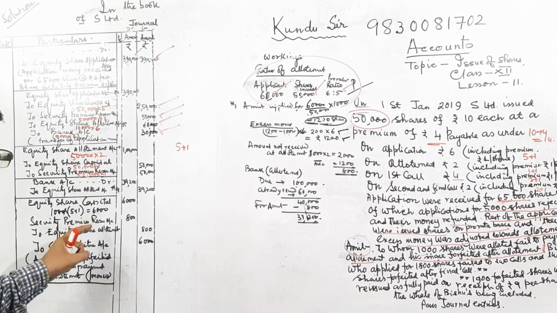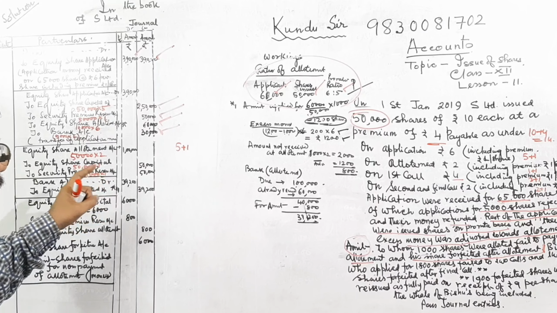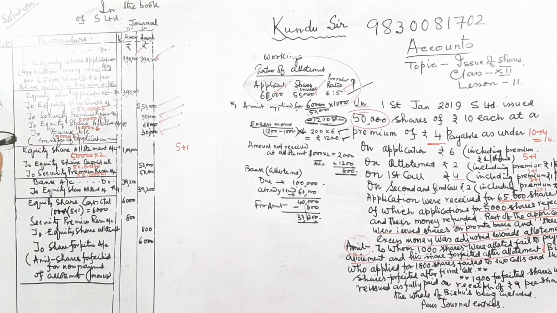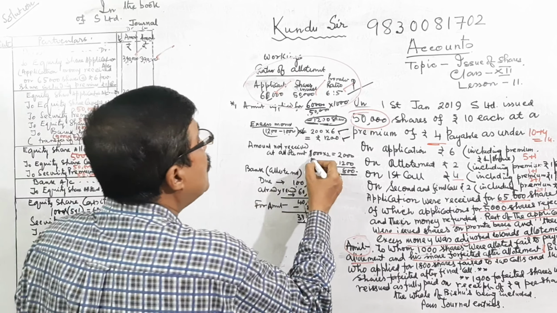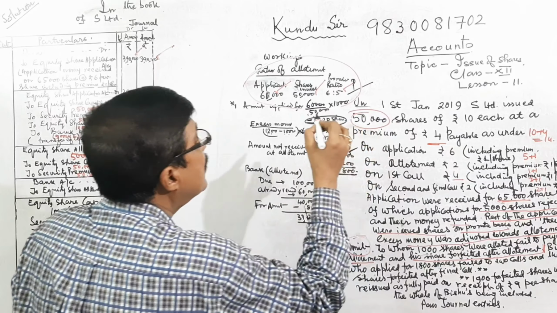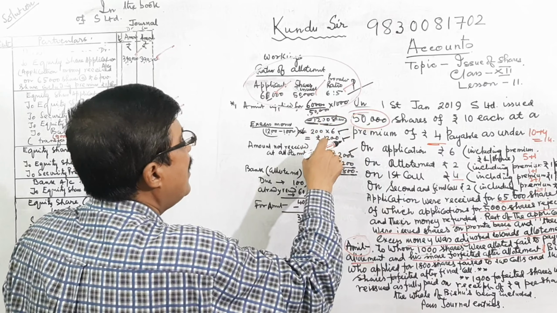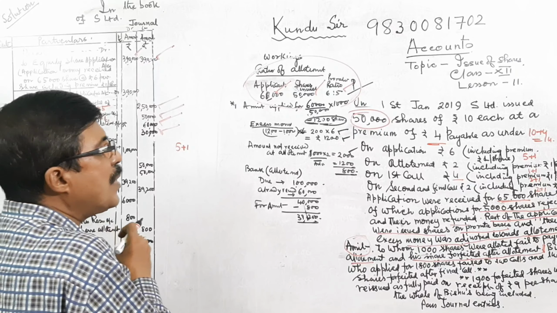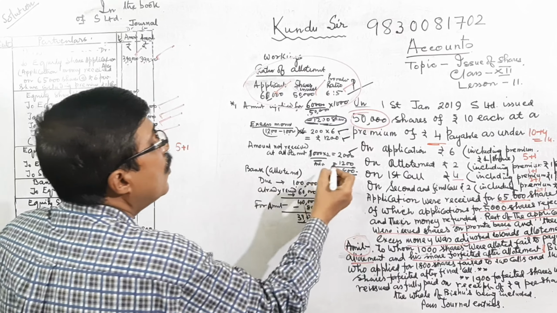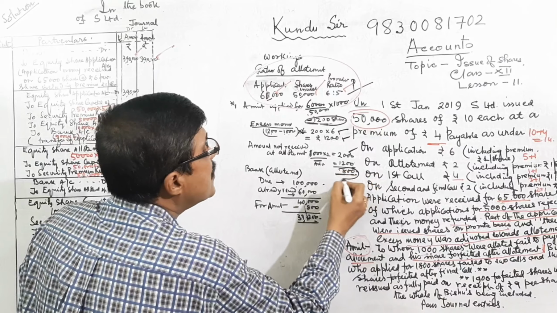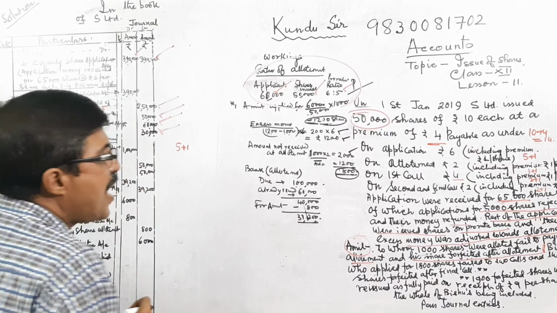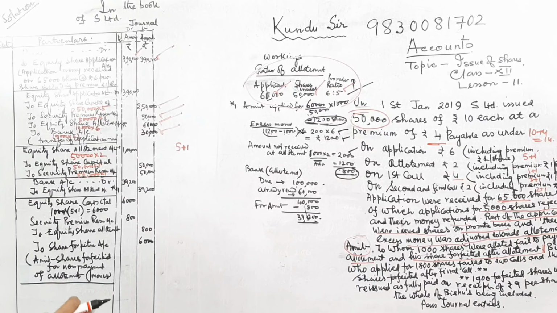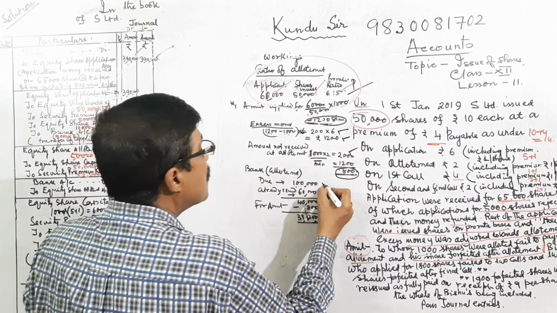Now the due amount for allotment for Amit is 1,000 into 2, that is 2,000. Amit already gave 1200 at the time of application, which is retained in the allotment account by crediting. So we have to receive 800 from Amit at the time of allotment, but Amit has not paid the amount. Our total due is 1 lakh.